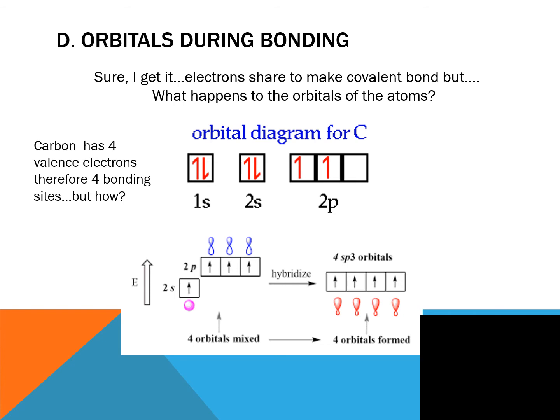So the 2s, 1 electron jumps to the 2p, so now you have all lone electrons. So they're all 4 bonding sites, but they form a hybridized orbital. It's called sp3. It's called sp3 because it has 4 bonding sites, the 1 s and then the 3 p's. So 1 plus 3 is 4.